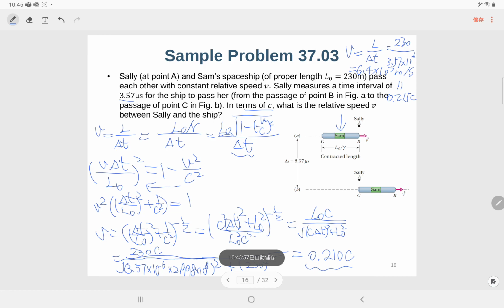If you consider the Lorentz factor, the square root of 1 minus v over c squared, and plug in 0.210 squared, this term is still 0.978, which is quite close to 1. So there isn't much error.